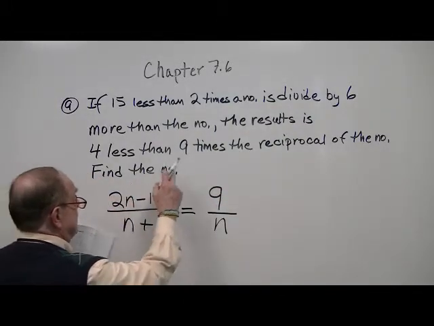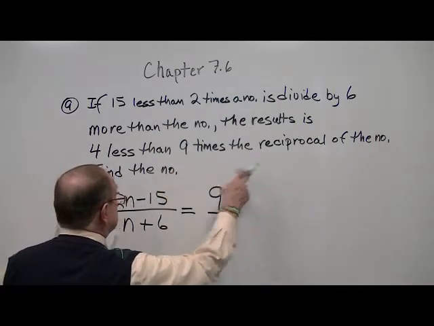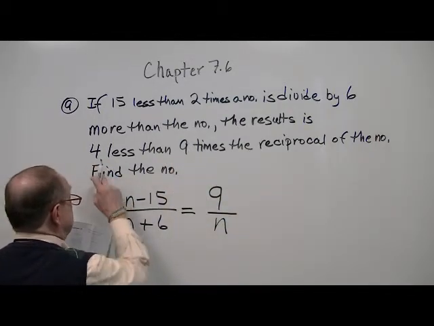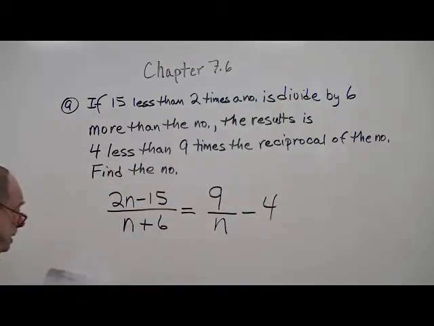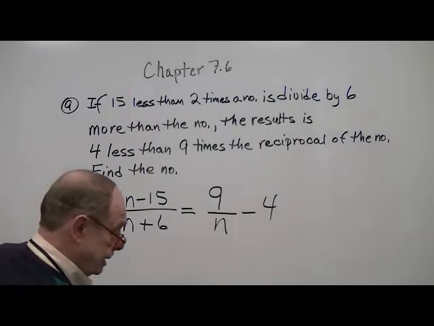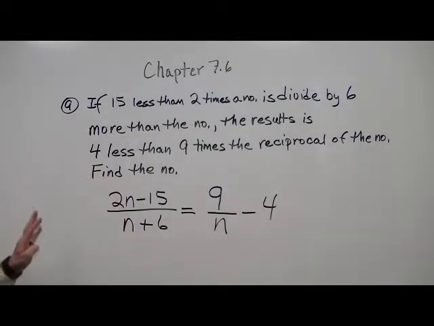So 9 times the reciprocal of a number, but then 4 less. So there's the equation that I got. You can pause the tape, read it over again, look at it, but now we want to solve this.